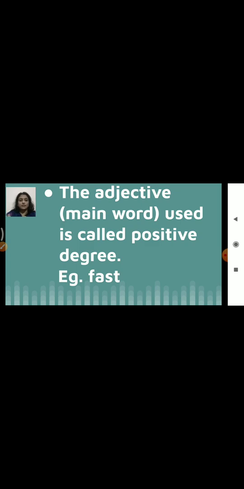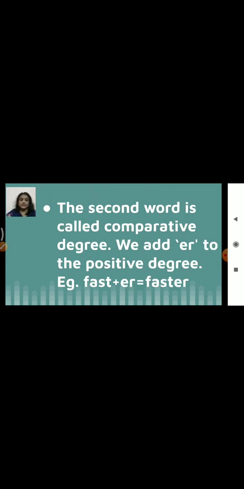Now, the adjective, the main word which we took, for example, fast, the main word, the adjective used, is called positive degree. What is it called? Positive degree. The main word, the adjective used, is called positive degree. Then the second word, that is faster, is called comparative degree.